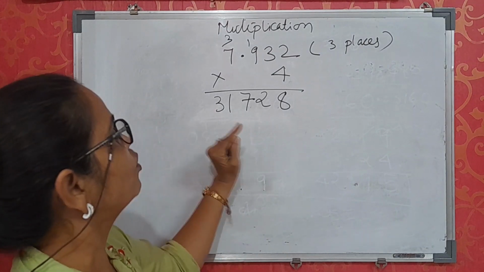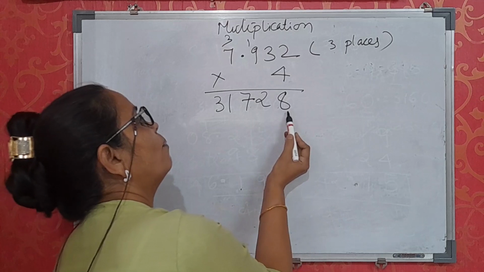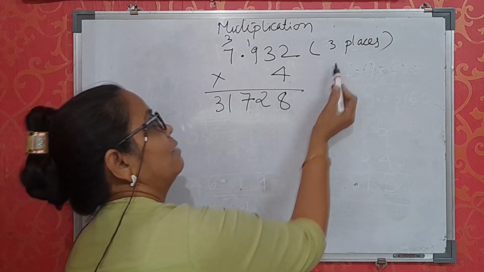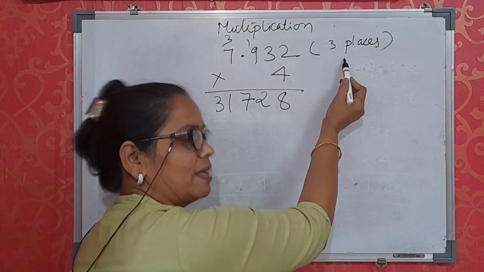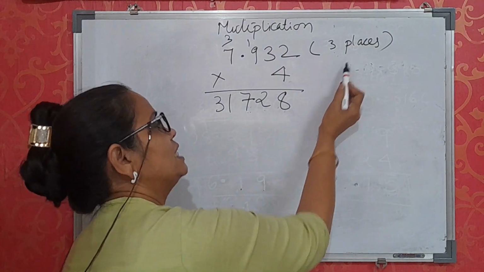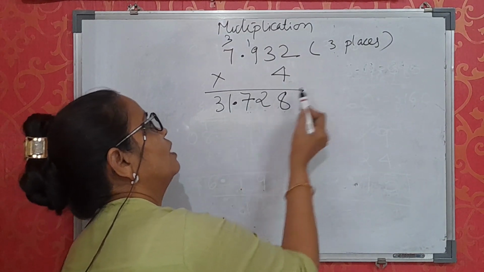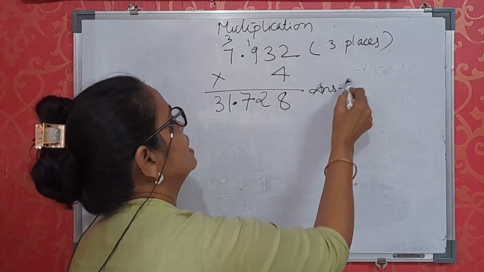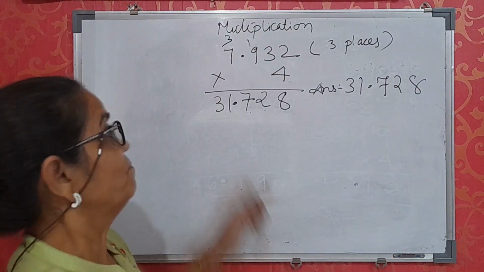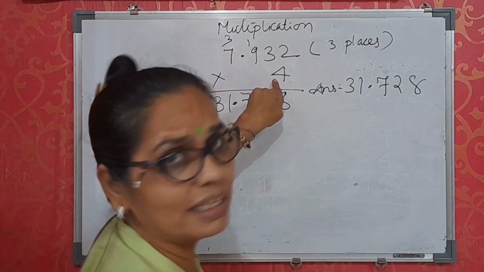So now we have to put the decimal point 3 places. From the back side 3 places, 1, 2, 3. That means 3 places means thousands places. So now your decimal point will come here and your answer is 31.728.